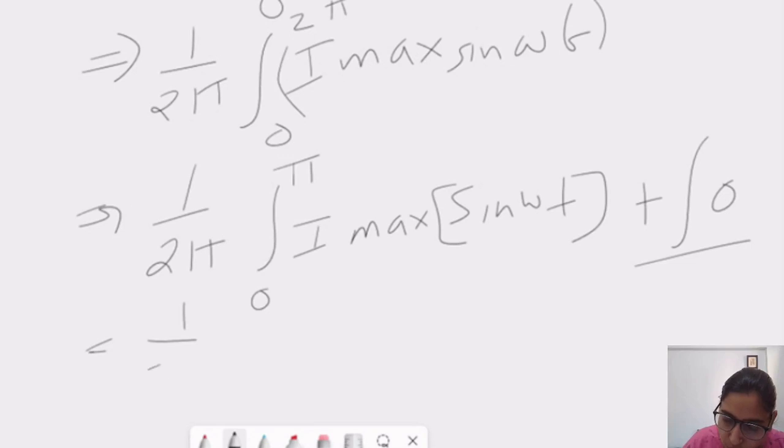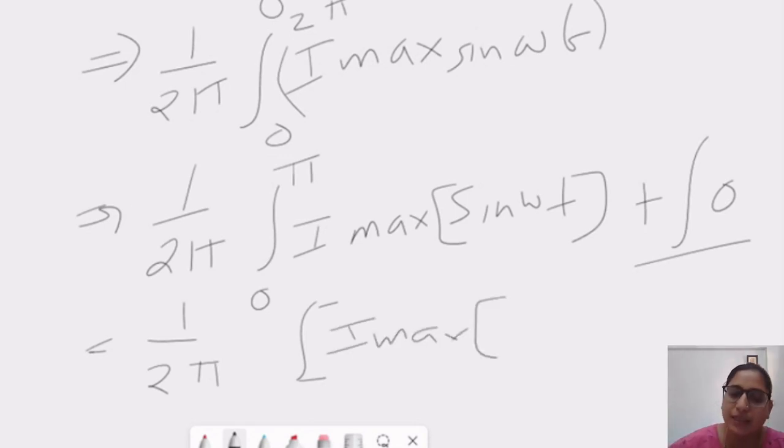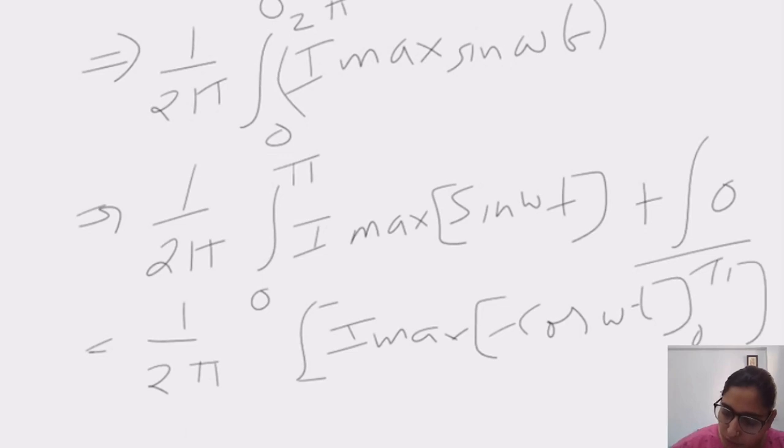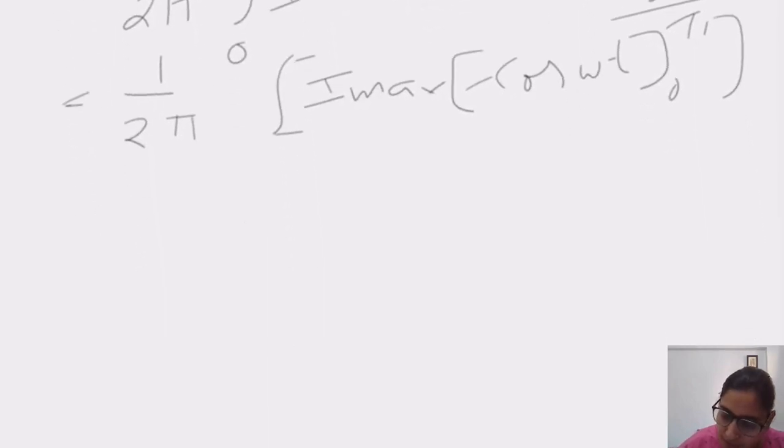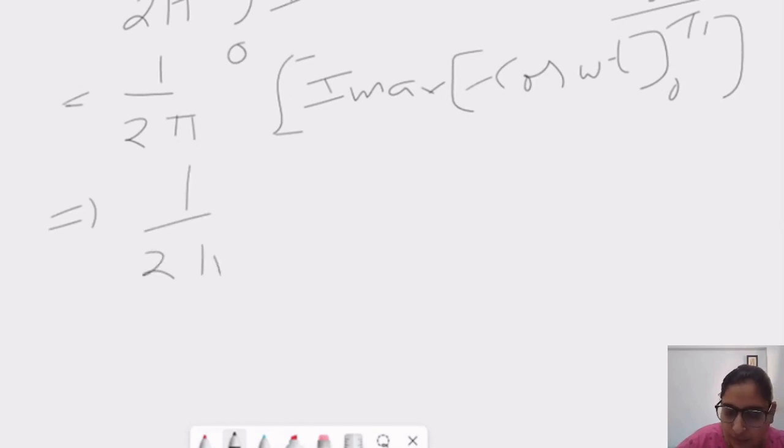So here 1 upon 2 pi, we know that the integration of sine omega t is nothing but minus cos omega t. So I max sine omega t integrates to minus cos omega t, in the range between 0 to pi. If we put the values 0 to pi in cos omega t, we get 1 upon 2 pi I max, with a negative sign.